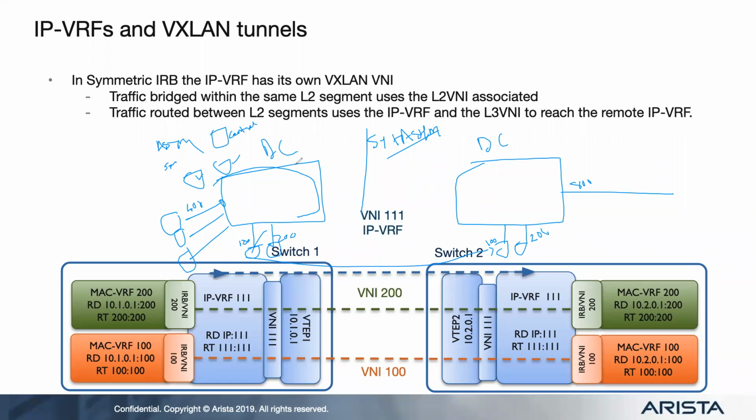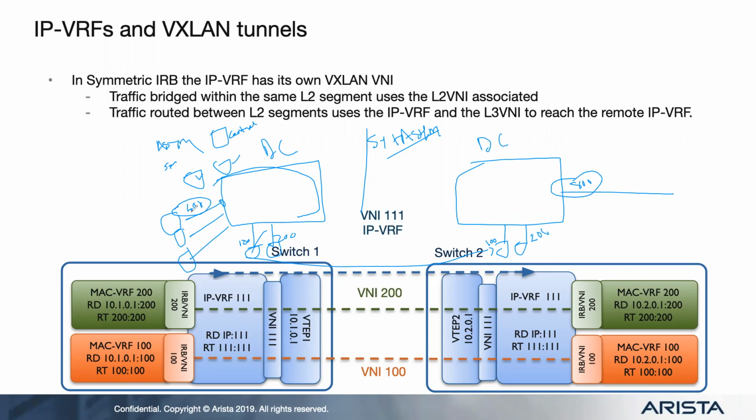Okay. Any other question? Even in this same case, within the normal asymmetric, if we have to communicate between, suppose, VLAN 400 subnet over here and VLAN 800 subnet in DC2, we can still use type 5 EVPN, right?